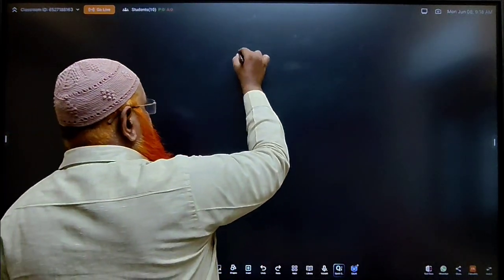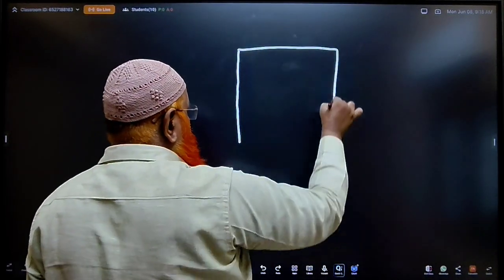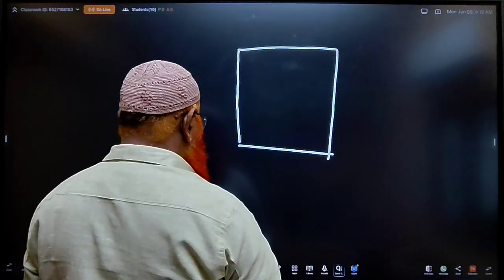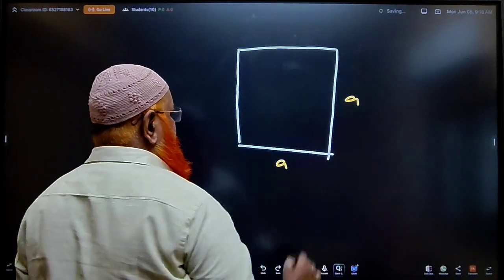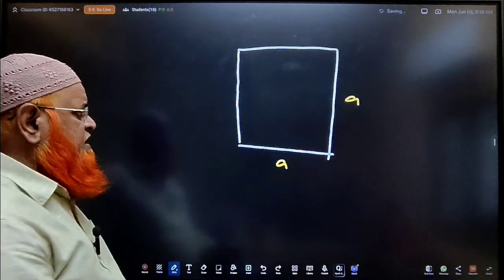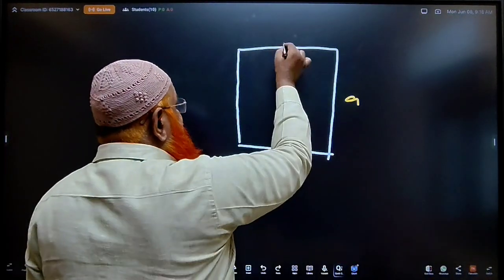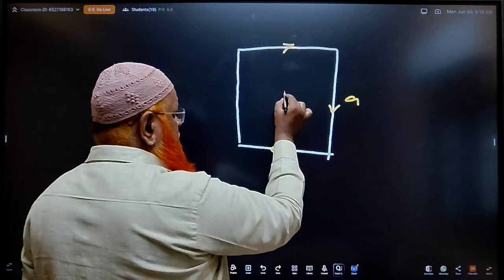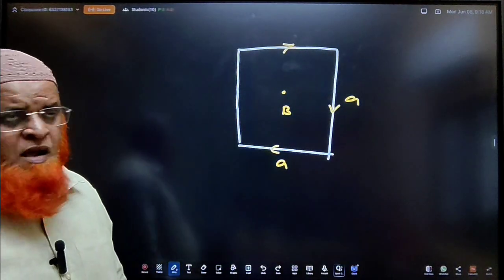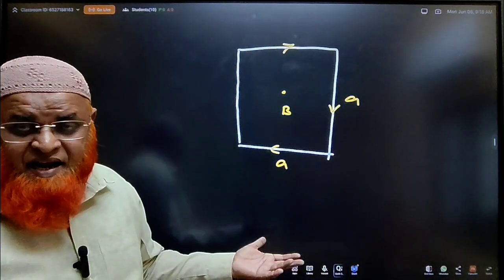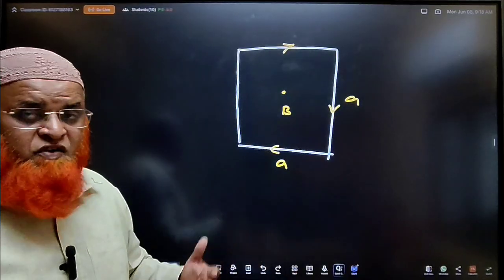First, I have taken a square whose side is A. Current is passing in a clockwise direction. I want to find out the magnetic induction in the middle because of this wire. How do you find that?